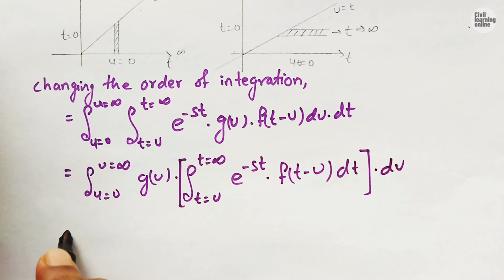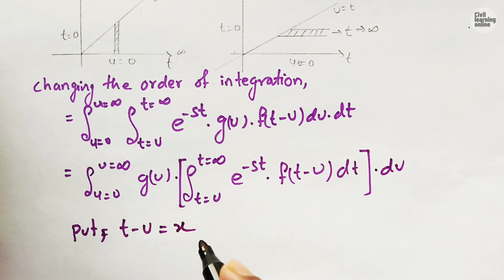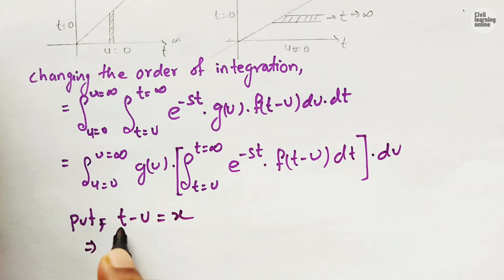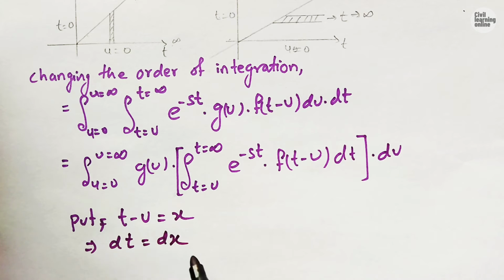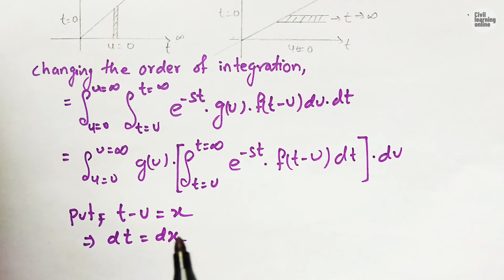Now what we will do, let's put t minus u equals to x. So what we will have here, if we take the derivative of both sides, we will have dt equals to dx. On doing the derivative of this term, we will have dt equals to dx. So now we have supposed that t minus u equals to x, so we will have some variation in the limit also.